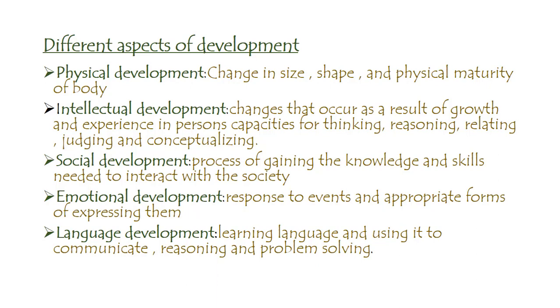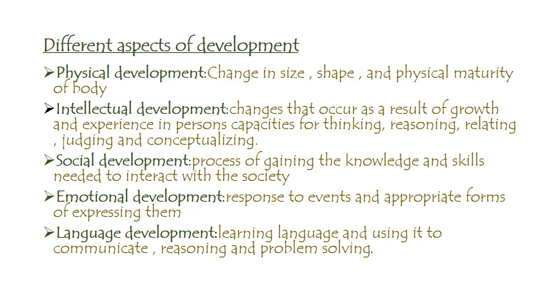And intellectual development is related to the mind. Based on the growth and experiences, the capacity of thinking, reasoning, judging and conceptualizing may vary from stage to stage. So we're going to discuss this in intellectual development.